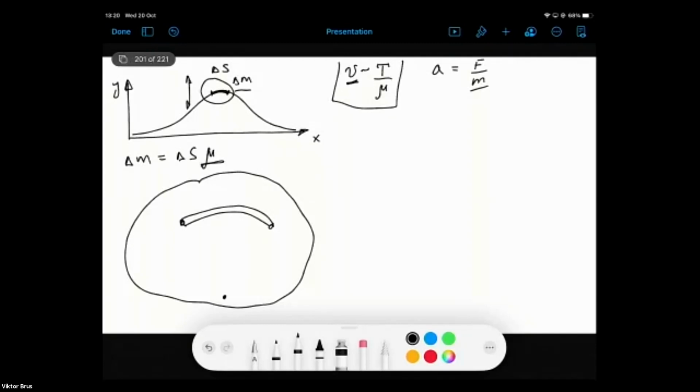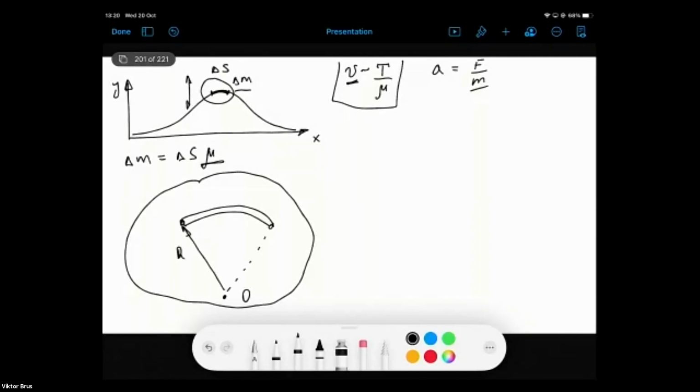Let's say here is some point O, which is the center of the curvature of this string element, and this is the radius of this curvature.